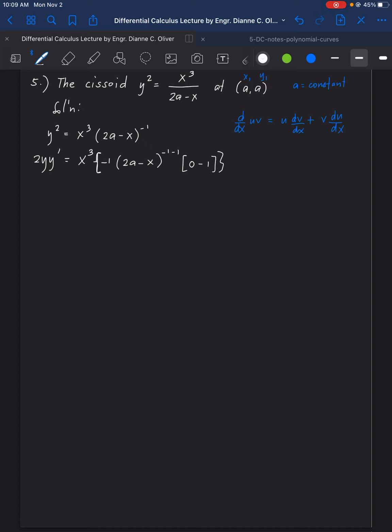Then, don't forget, we still have the second term, plus v times the derivative of u. So v here is 2a minus x raised to negative 1, and the derivative of u is 3x raised to 3 minus 1. Then simplify to get the y prime.